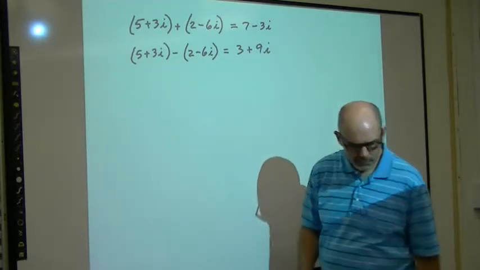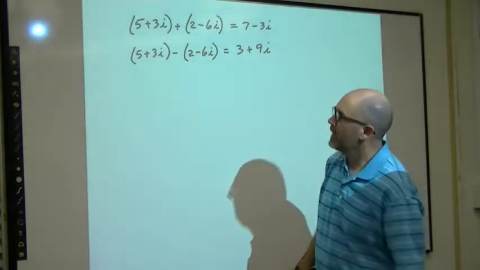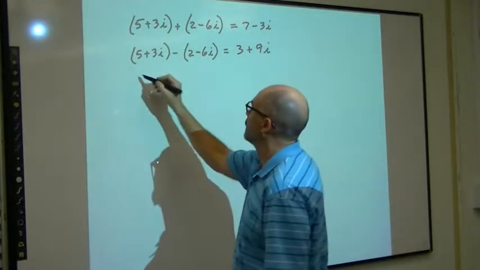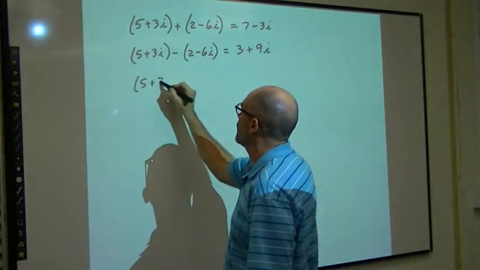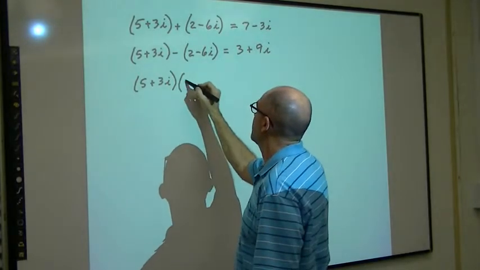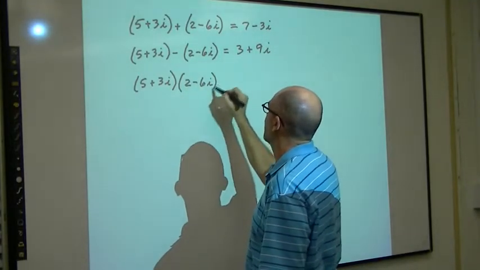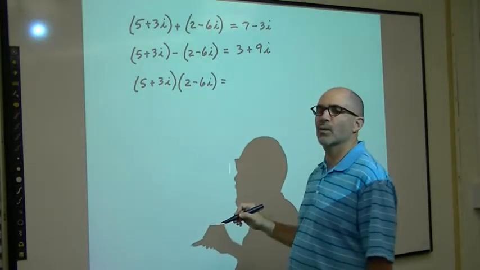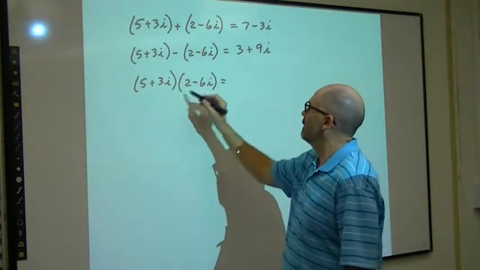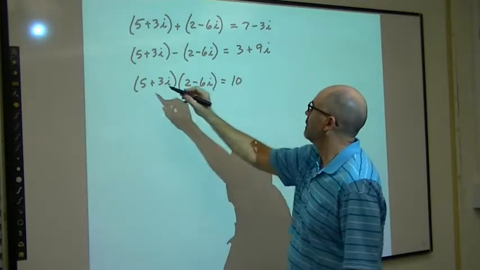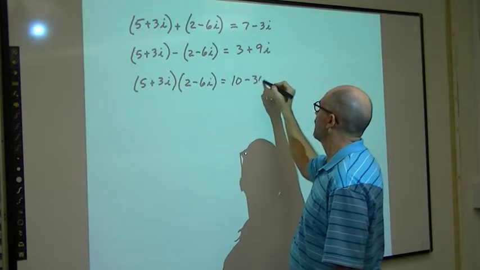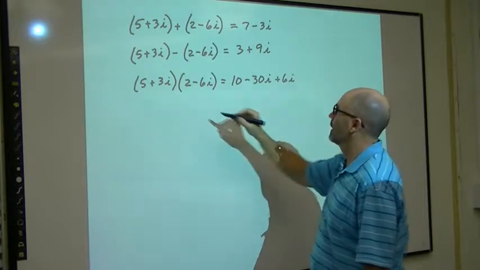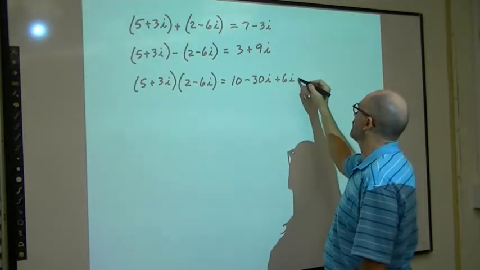That's it. Okay, so next we're going to tackle multiplication of complex numbers. So 5 plus 3i times 2 minus 6i. Okay, so this is basically distribution, or back in Algebra 1 we called it foiling. But 5 times 2 is 10 minus 30i plus 6i minus 18i squared.